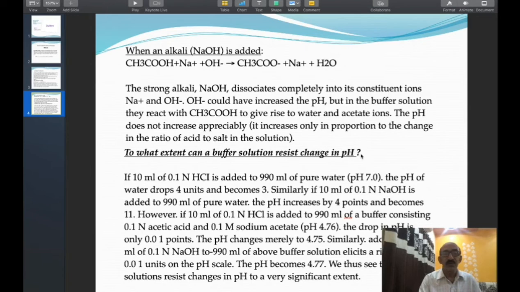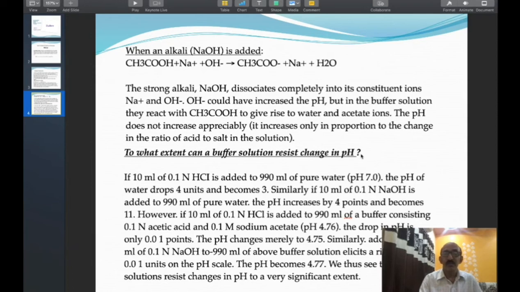A 4 unit drop. Similarly, if 10 ml of 0.1 normal NaOH, that is a strong alkali, is added to 990 ml of pure water. The volume of alkali is very small, 10 ml. The volume of water is very high, 990 ml of pure water.